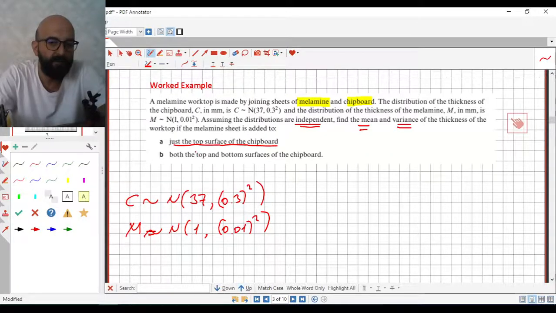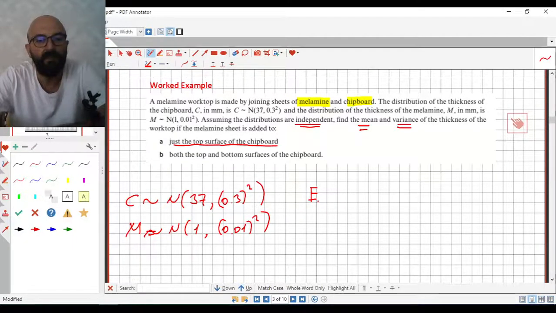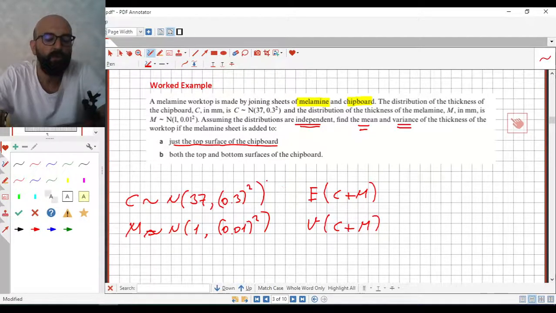Only the top surface of the chipboard means only chipboard plus melamine, so we should find the expectation and variance of chipboard plus melamine.